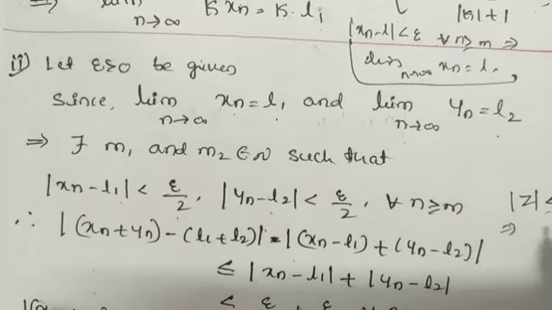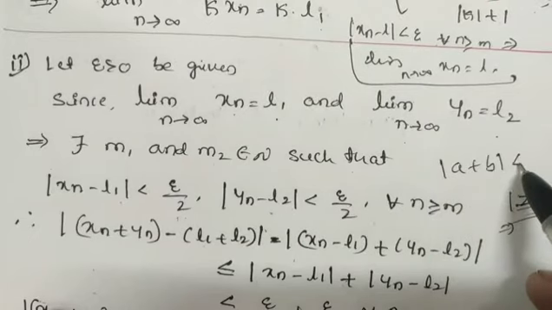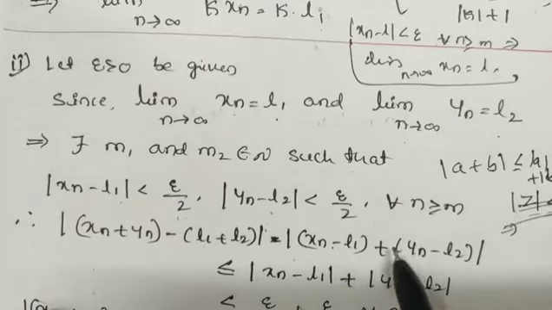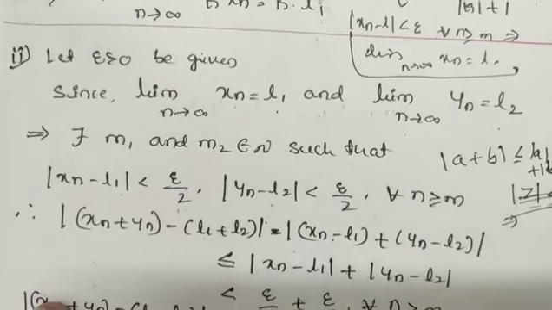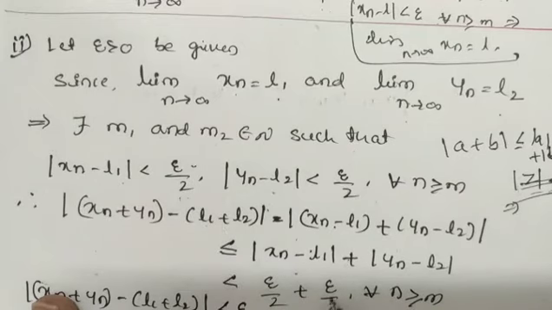We know that mod of a plus b is less than or equal to mod a plus mod b. So, removing the outer mod, it becomes less than or equal to mod xn minus L1 plus mod yn minus L2. This is less than epsilon by 2 and this is also less than epsilon by 2.